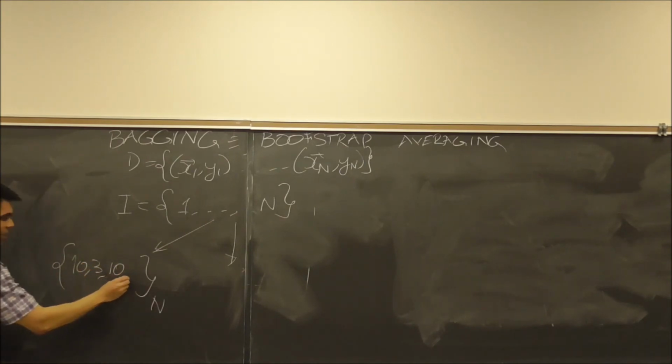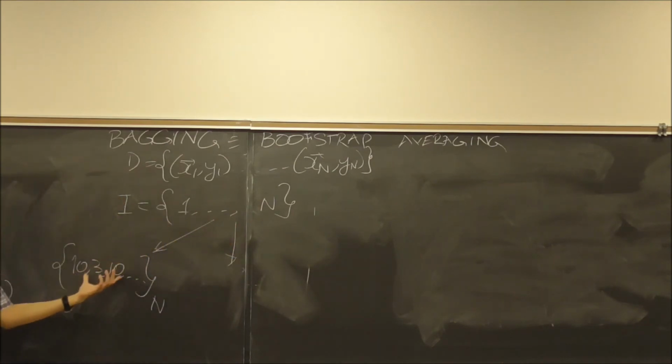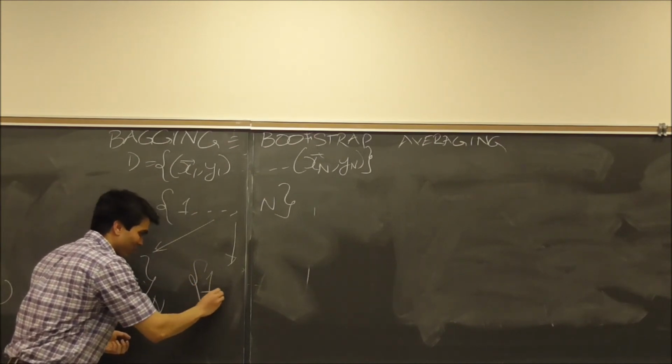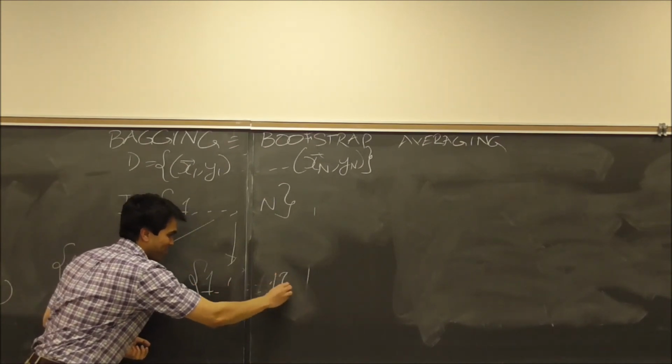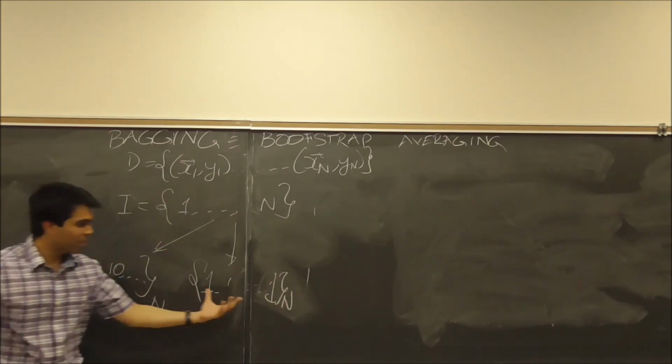You may not see all the numbers. You may see some numbers multiple times. Uniformly with replacement. In the rarest of cases, you may see 1, 1, 1, 1, 1, 1, n times. The probability of that happening is extremely small, but it's possible.